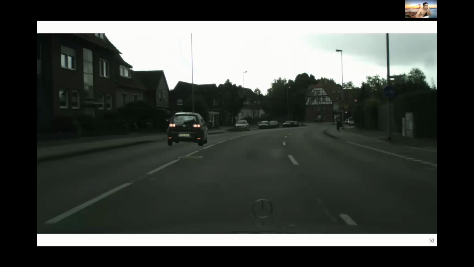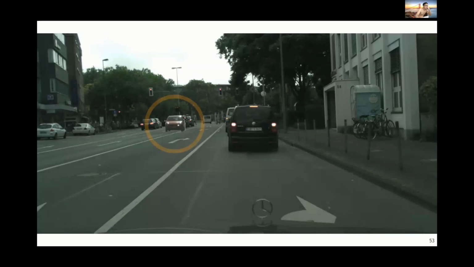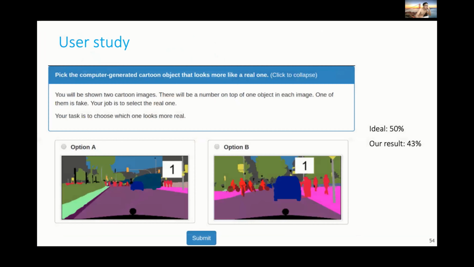Okay, so here's another example. Another one. And we did a user study to evaluate whether the system is good enough to fool humans or not. Given a pair of images, one real and one fake, we ask users to tell which one is real.